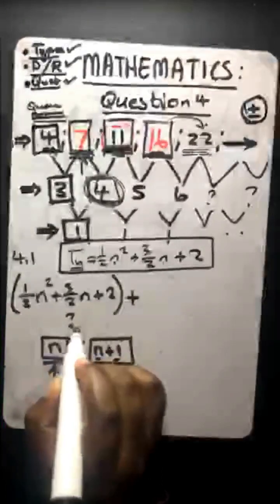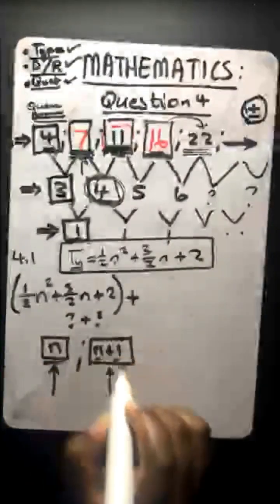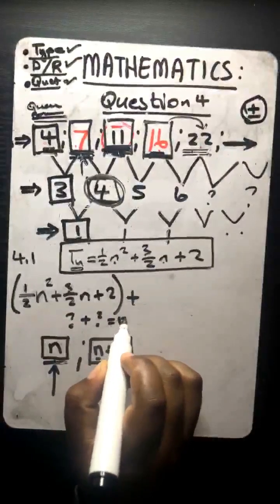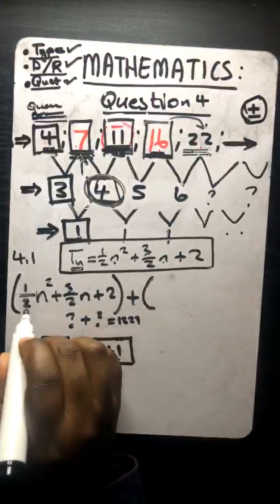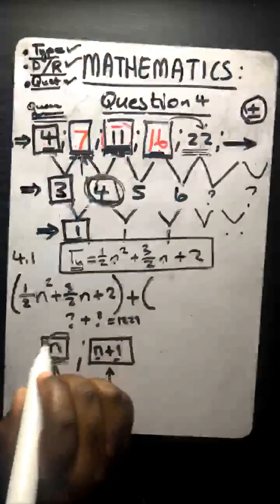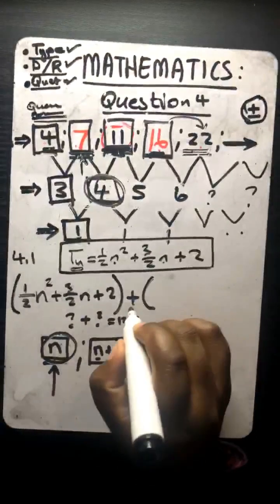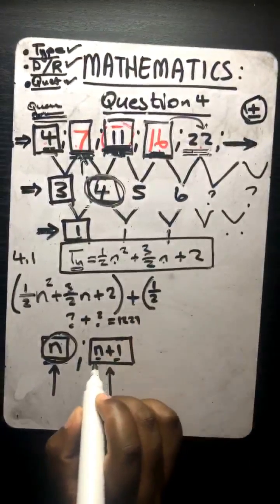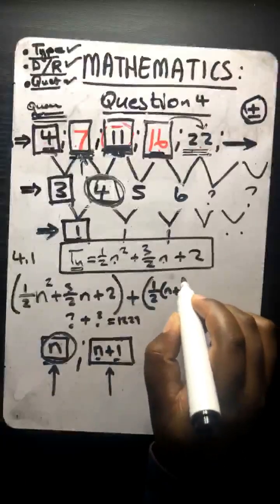That is why I'm going to take the number of people for this first stand number and add it to the number of people for the next stand number, and they said that equals 1,227. So I'm taking this as it is for this stand number. Then I'm going to add it with the next stand number, meaning where I see n, I'm going to substitute n plus 1.